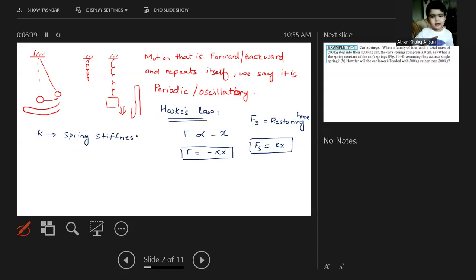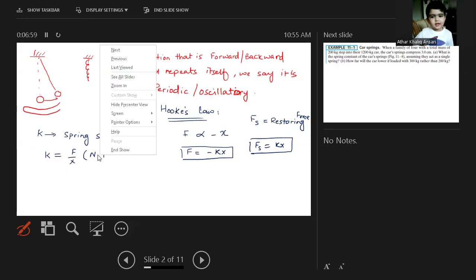For any constant, the negative sign is not important. A constant is just a number; the negative is for direction. So whenever you find k from this equation, k is F over x. The unit of force is the newton and for displacement it is the meter, so newton per meter is the unit of the spring constant.